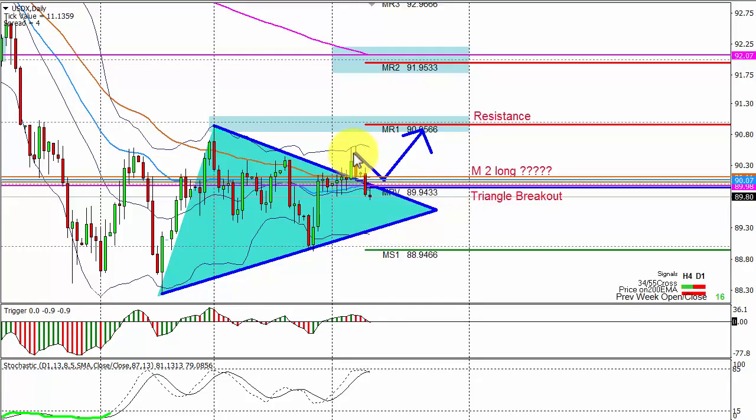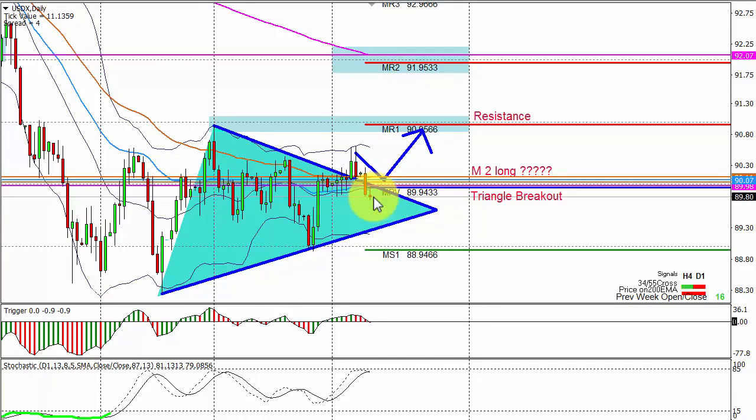So there's a possible M2 long where price broke a level, pull back, then the continuation. The problem that I've got with this one is it didn't find support at these EMAs. It broke the EMAs. So if we want to take a long on this, price needs to break this 55 first and close above it at 90.11. Otherwise, be careful.